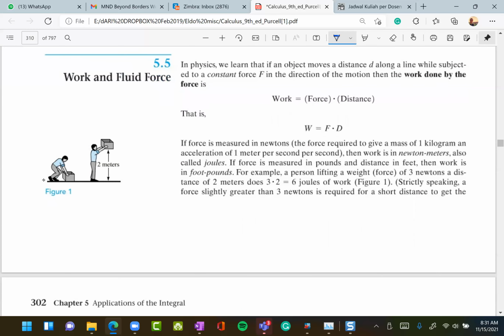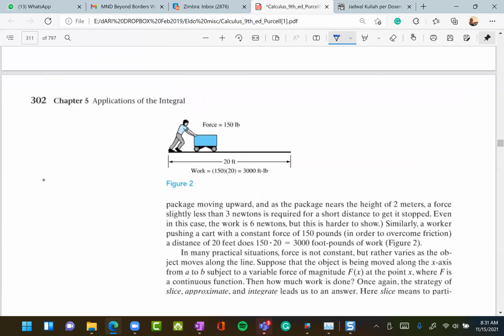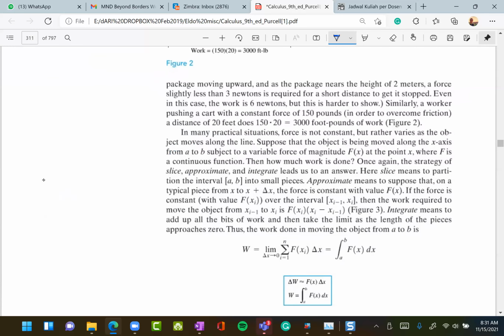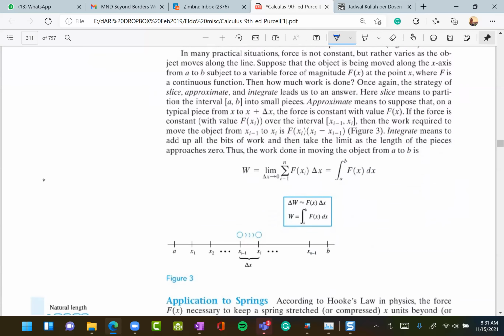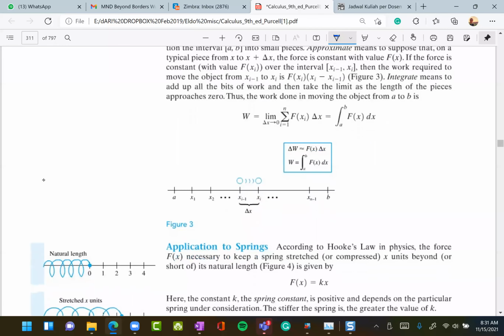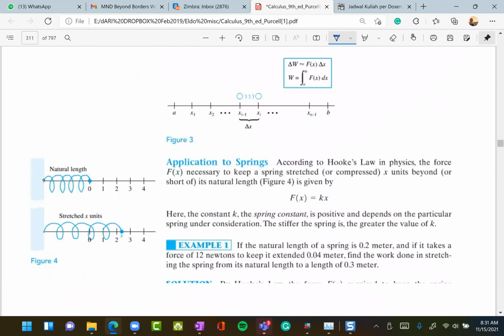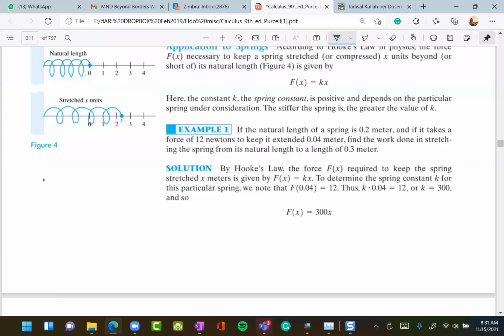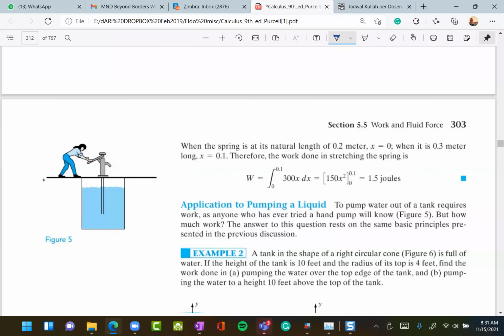So let's just do this directly, pumping liquid here. Just to give you the idea, and we compute that later.